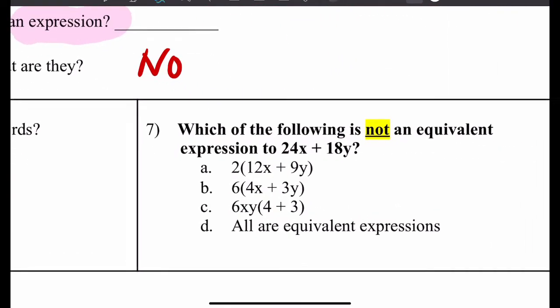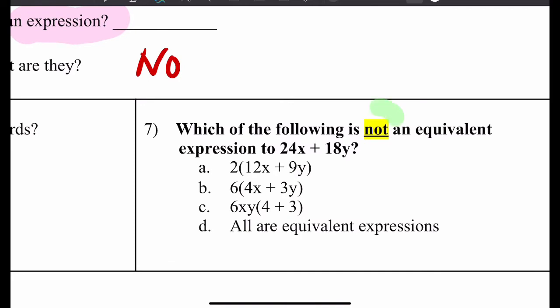Now this one, it's already highlighted, which is not an equivalent expression to 24x plus 18y. Now, I already told you, whenever you see expressions like this, you need to expand them. Okay? Expand them.